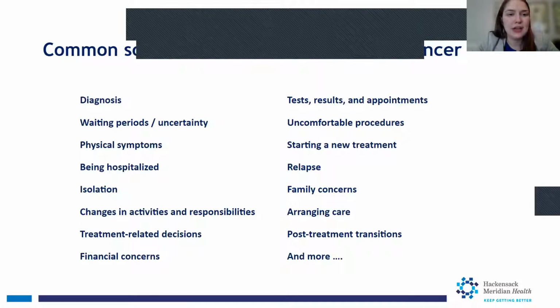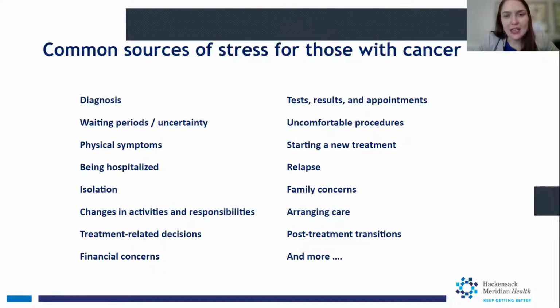And so as we're talking about stress in the context of AML, as Katie has mentioned, it's not a surprise that this topic has come up frequently because there are many sources of stress for people dealing with AML. You see here just some examples of time periods that people have indicated can be particularly stressful for them, and oftentimes we think, for example, of initial diagnosis and treatment as being particularly stressful, although what we know is that the stress of cancer doesn't stop after that initial period of time.